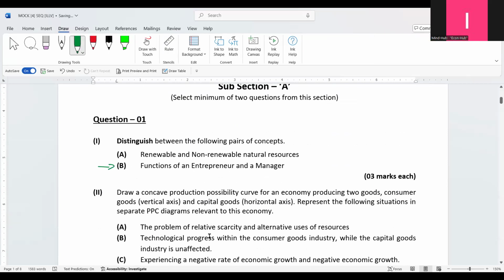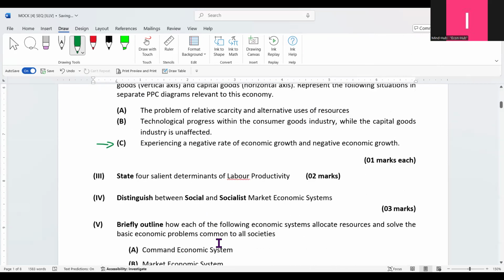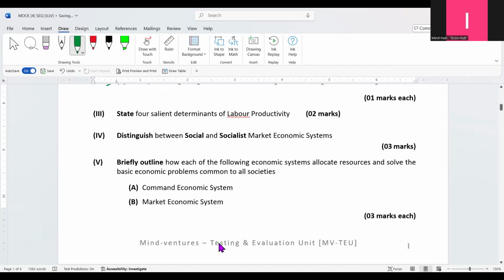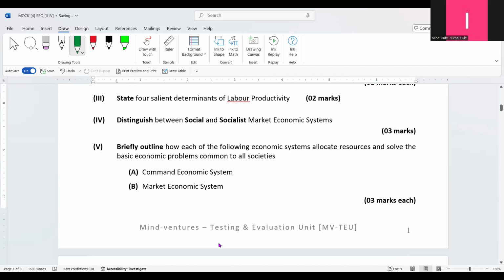And part 2, the production possibility frontier, just see if you are okay with the answer for part C. Go through and make sure you're okay with it. That is the negative rate of economic growth and negative economic growth conceptual differences. Then always social market and socialist, these things are relevant.